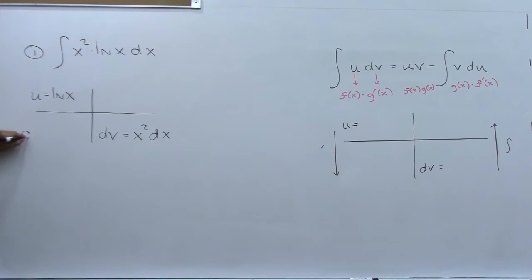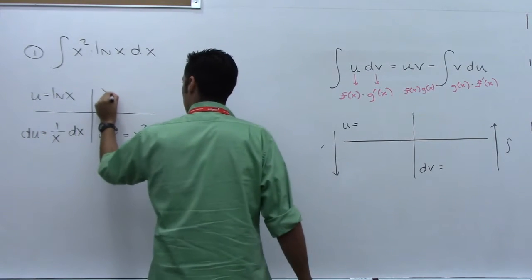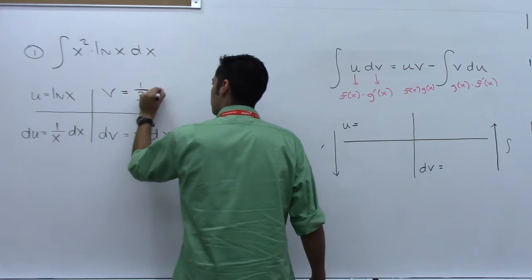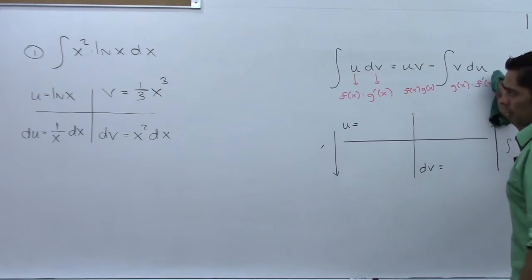All right, derivative of u is, we said, derivative of natural log of x is 1 over x dx. And then the antiderivative here of x squared is our v, which is 1/3 x cubed. And now I will rewrite using my formula.